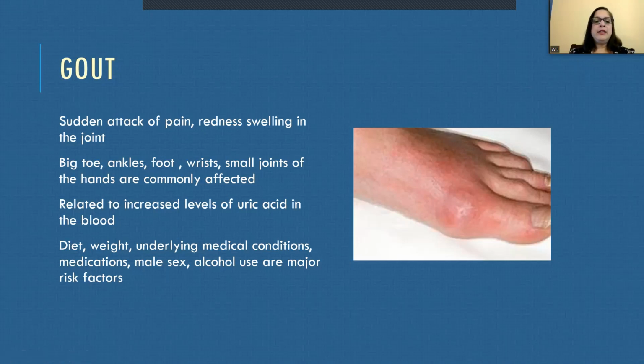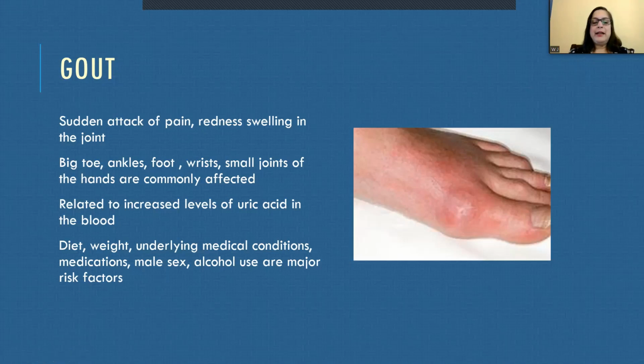It is related to increase of uric acid in the blood, and that can be measured as a uric acid level in the blood. Diet which is rich in purines, that is red meat and shellfish, increase the amount of uric acid in the blood and can predispose to formation of gout and gouty attacks.